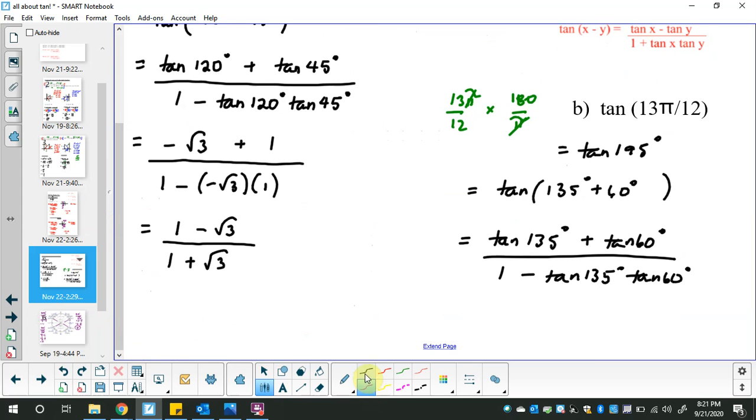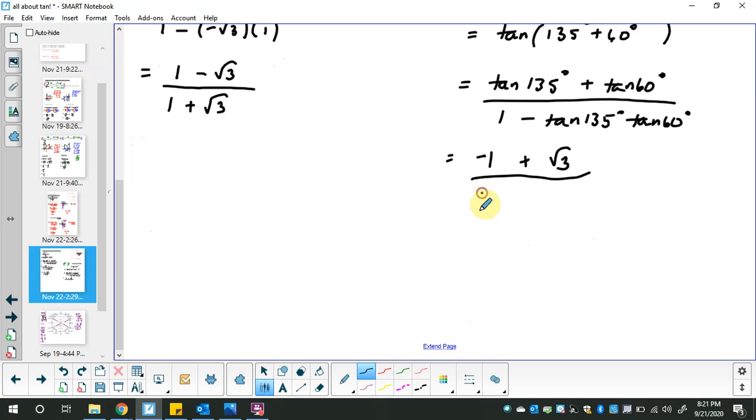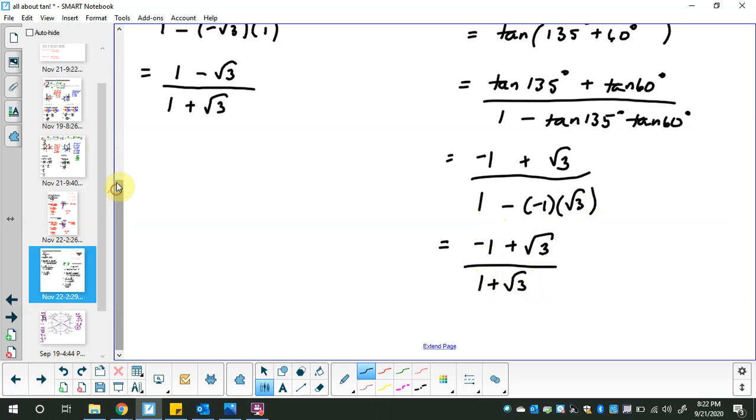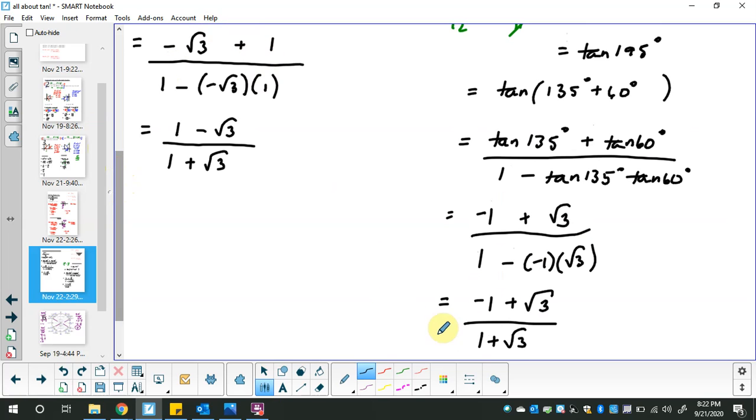Let's see if I can retain that. -1 plus root 3, over 1 minus -1 times root 3. And this is negative times that is positive. So you can leave it like this. You could swing that around like I chose to do here. It's totally up to you.